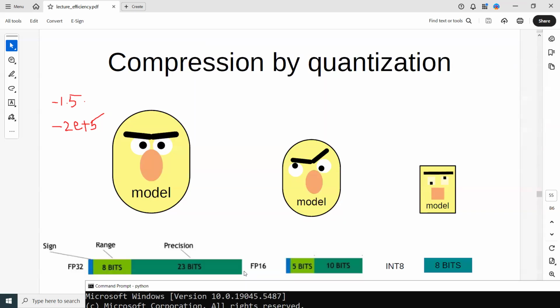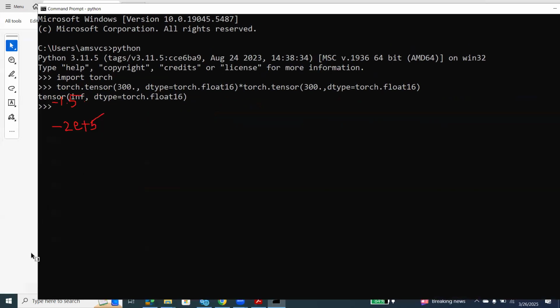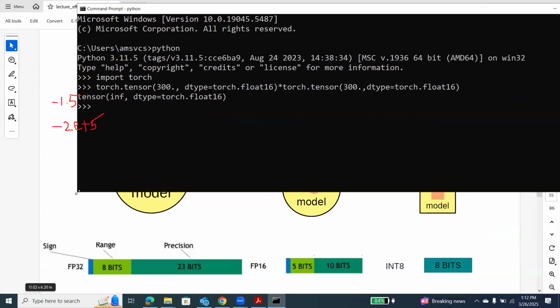If you look at the range, 5 bits, it's not 10 to the power 5, because it's actually 2 to the power 5 in the machine representation of numbers.